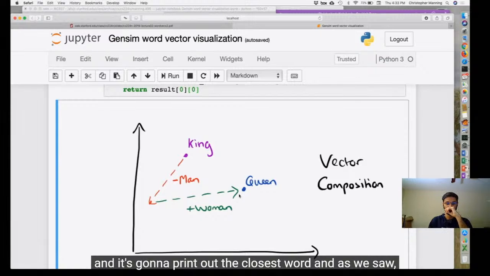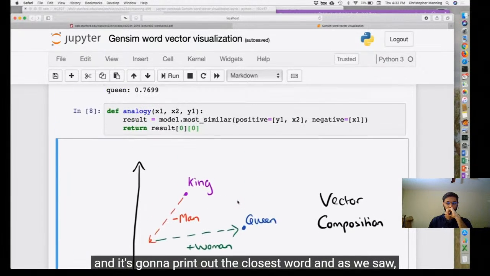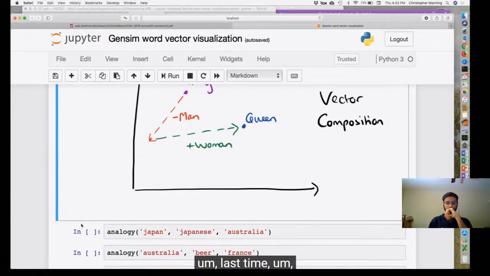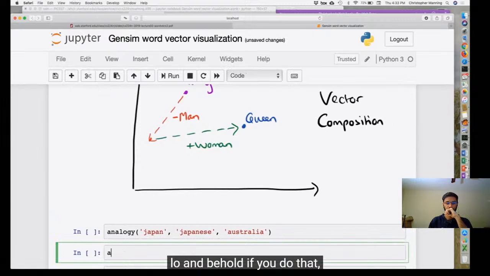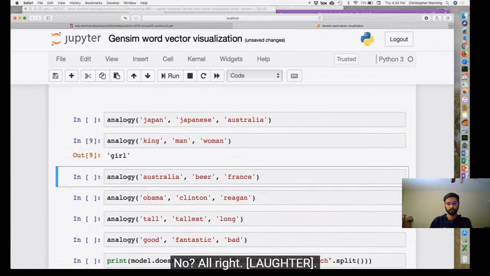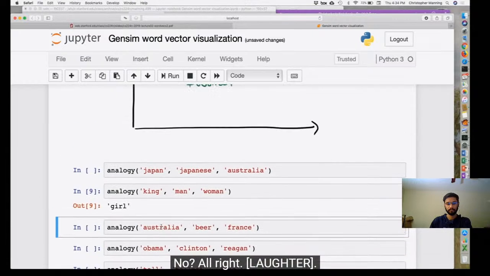It prints out the closest word, and as we saw last time, lo and behold, if you do that, you get the answer. I'm saying you get king, man, woman. No? Wait.